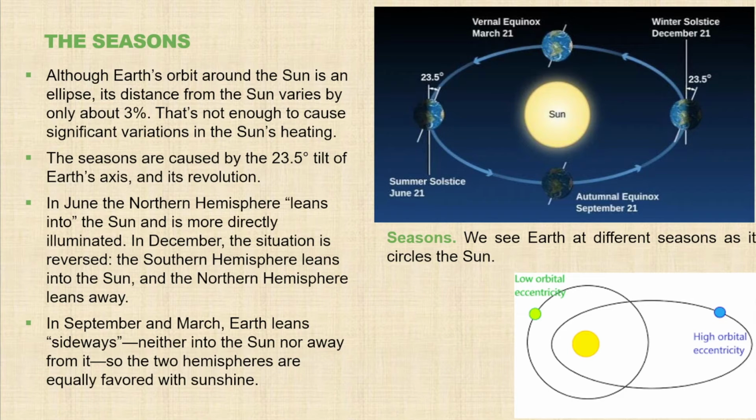But when it comes around June 21, as you see now, the leaning of the northern hemisphere is towards the sun, and it receives more sunlight, and it's hotter during the June-July time.